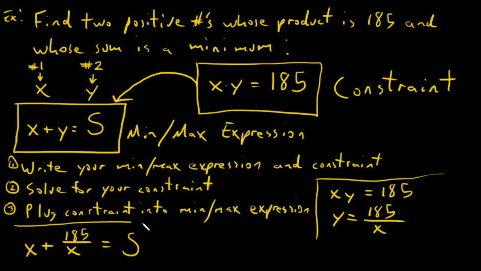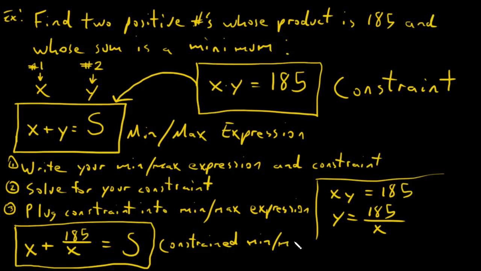Now this right here has been constrained. This is my constrained min-max expression. Okay?